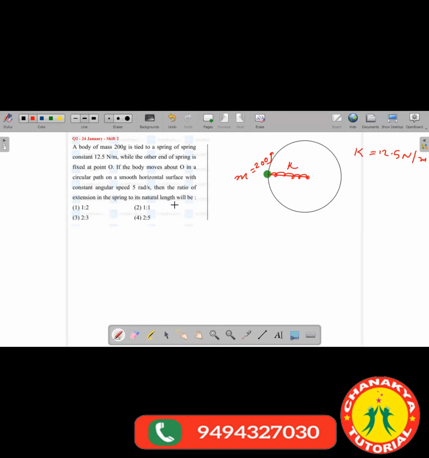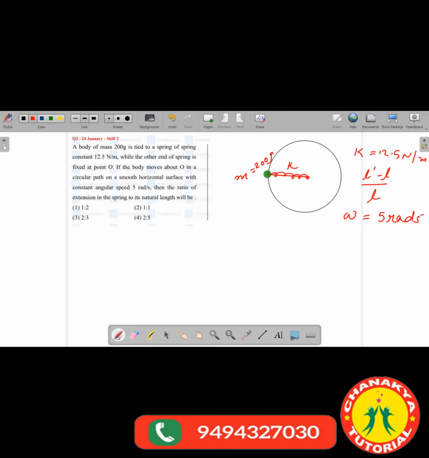So let us say the natural length of the spring is L, and you have to find x over L. Ratio of extension: extension we say is L dash, the new length, minus the original length, over L. This is what we have to find. We have been given that it moves with a constant angular velocity omega, which is equal to 5 radian per second.